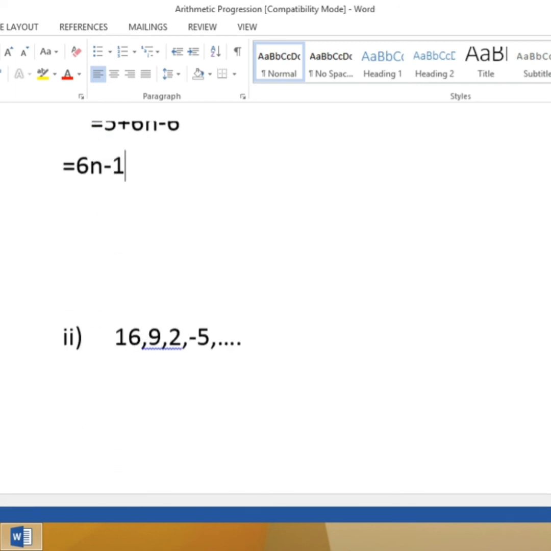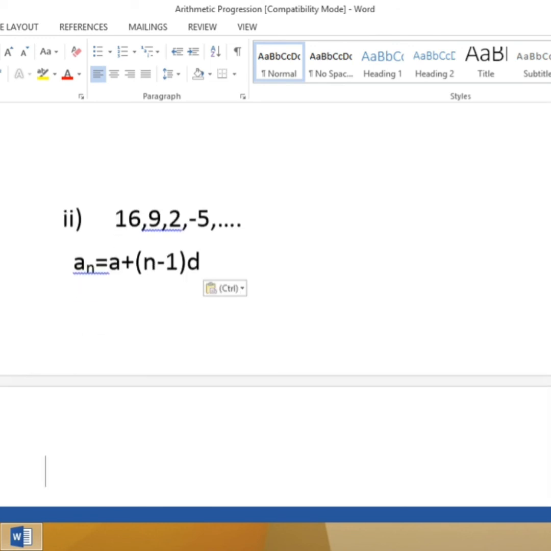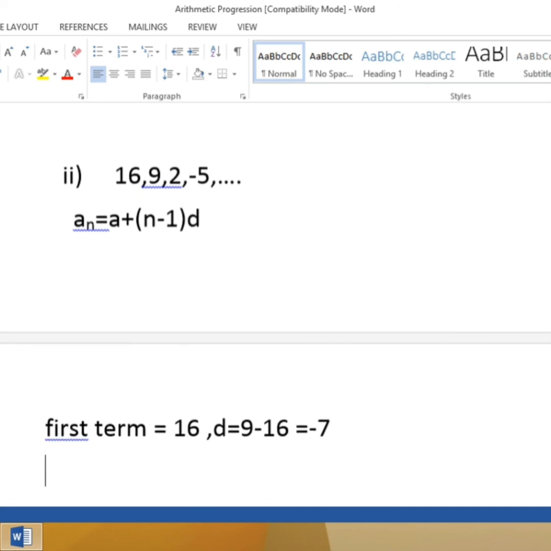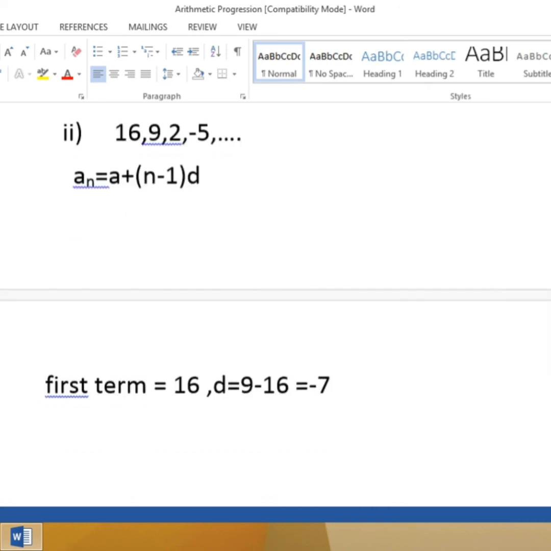Second part of question 5 is 16, 9, 2, minus 5. Same way find the nth term. So first term is 16. Difference is going to be 9 minus 16. That's going to be minus 7. So we write the arithmetic progression formula, an equal to a plus n minus 1 into d.